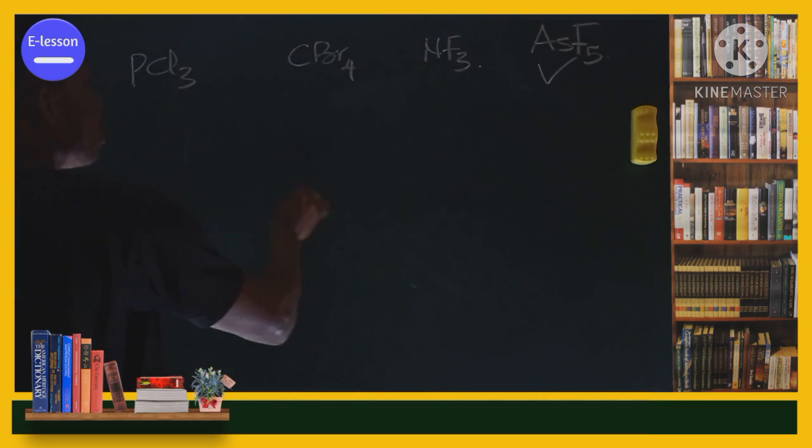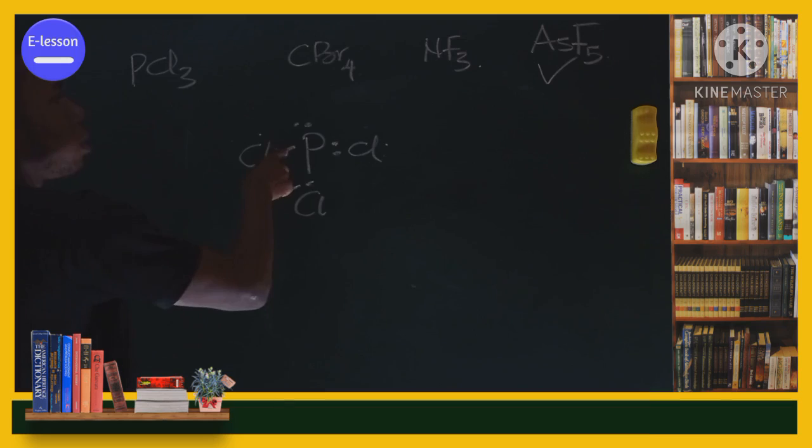You can draw for PCl3. This one has 5 valence electrons, 1, 2, 3, 4, 5. Then we have Cl. Of course, we know that we have other electrons like that. If you count 1, 2, 3, 4, 5, 6, 7, 8.